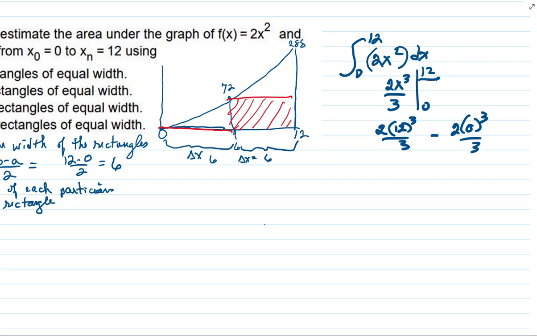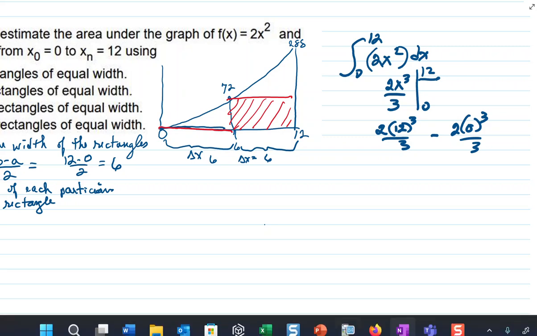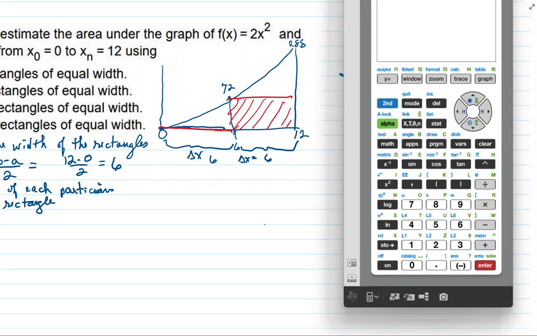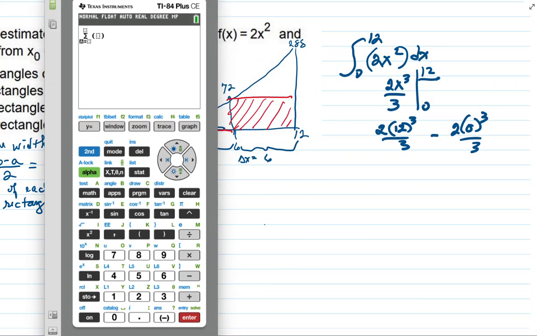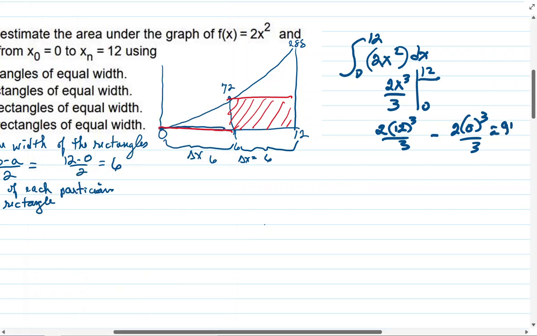Now, I'm going to do the math on a calculator because my brain is dead. So here I go. Okay. So I'm going to have 2 times the 12 squared divided by 3. And we get approximately, what, 96?